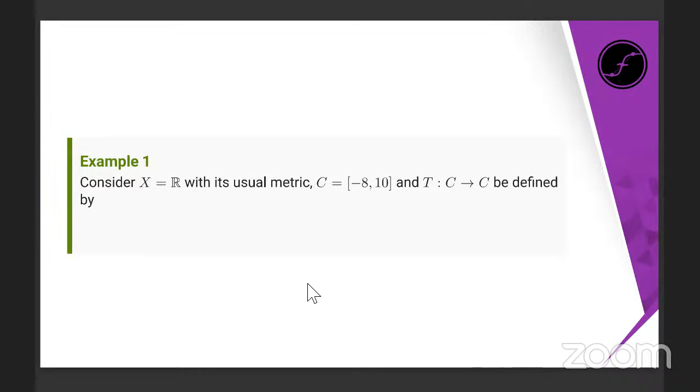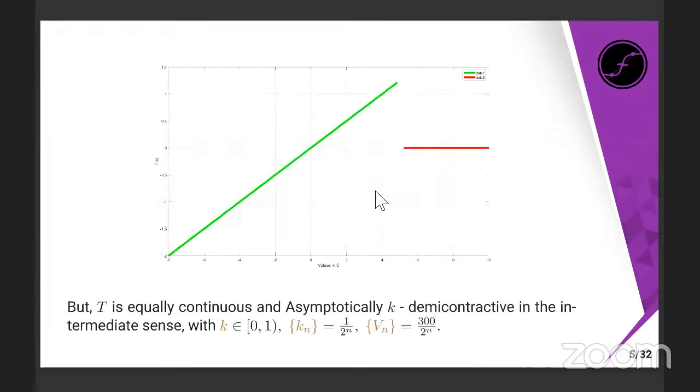What I have said can be seen easily by considering this example. Consider a nonlinear mapping T defined on the closed and bounded interval [-8, 10], defined as this. We can see from this graph that there is a point of discontinuity for this map. The map is not continuous at 5, meaning that it is not Lipschitz continuous.